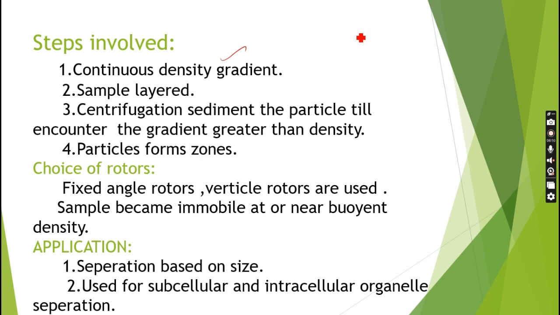Proteins with similar molecular weight can also be separated by this method using a continuous density gradient. The sample is layered on this, because it's a very tedious process. The particles form zones, but these zones are within the gradient itself. They are not going to be at the bottom of the gradient. The choice of rotor is going to be fixed angle rotors or vertical tube rotors.